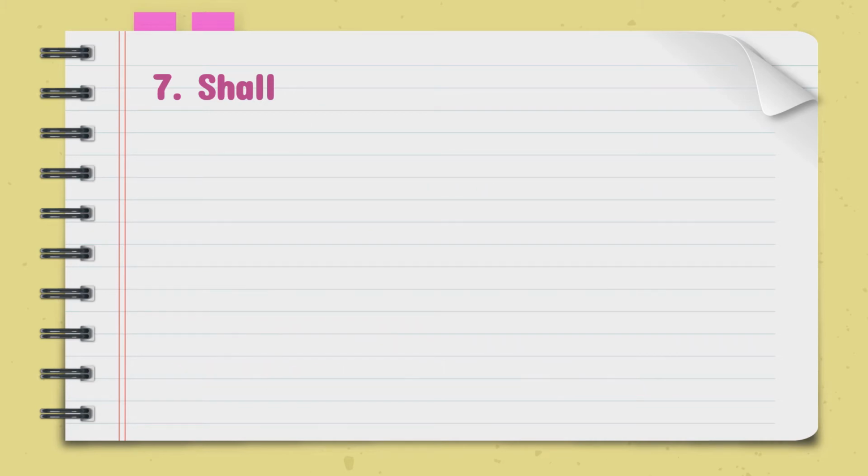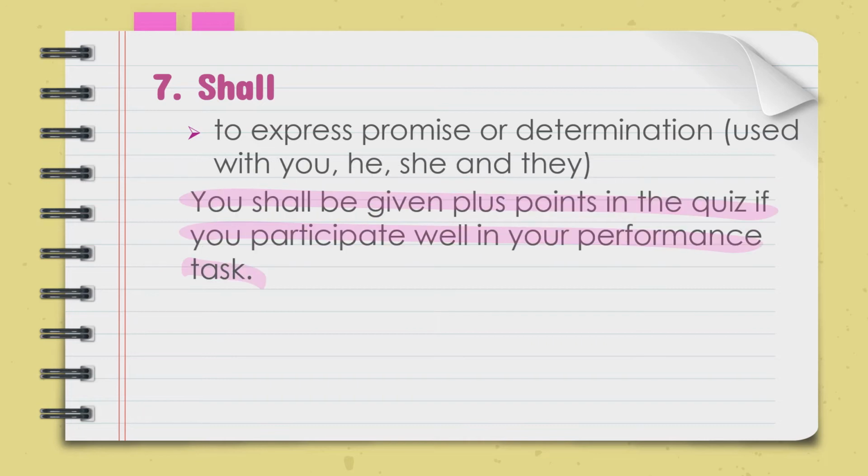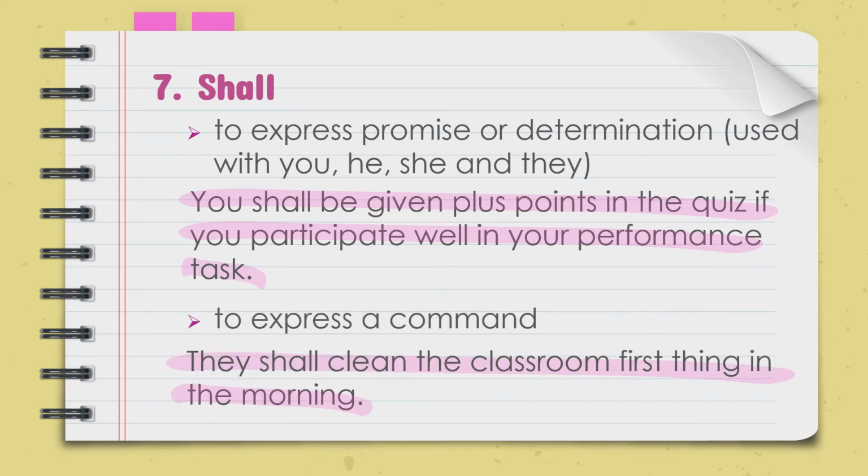Shall also intends to express promise or determination. It is commonly used in the second and third persons like you, he, she, and they. For example, you shall be given plus points in the quiz if you participate well in your performance task. Lastly, it is used to express a command. For example, they shall clean the classroom first thing in the morning.